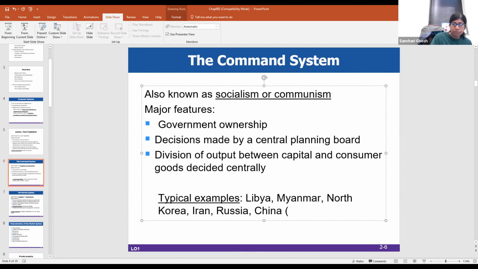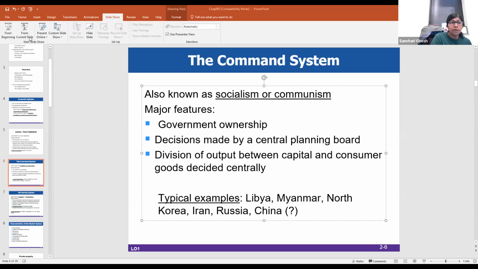Although I put a question mark here, because, ladies and gentlemen, China over time has started doing more of a capitalist, market-based kind of system, which is strange to me, given that their work system is very command and control based.